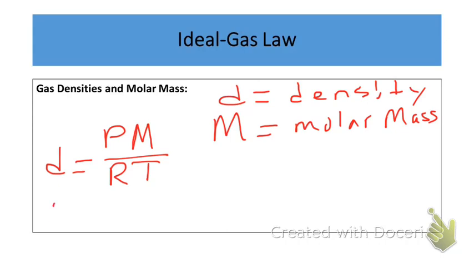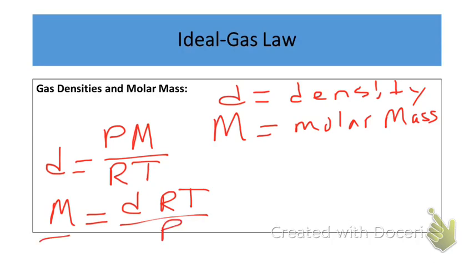We also can use this equation to find the molar mass, because we can rearrange it and find the molar mass, which is equal to the density times R times T over the pressure. And that will help us to find the molar mass. So those two equations I want you to have in your notes.